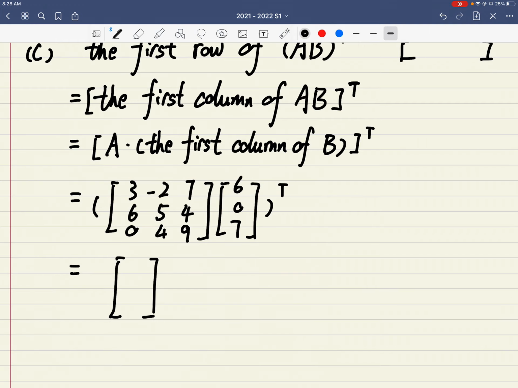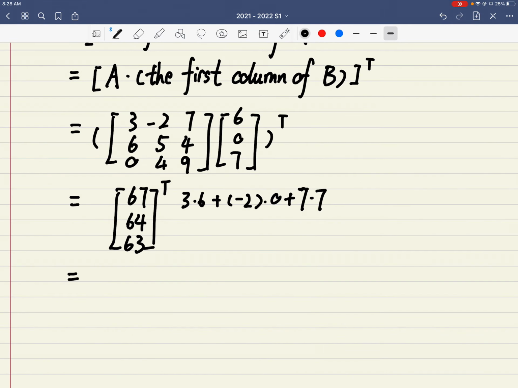So you just do this: 3 times 6 plus negative 2 times 0 plus 7 times 7. The result is 67. Right, do the same thing for the other two entries. You get this one, and you transpose it. If you transpose it, it's 67, 64, 63.